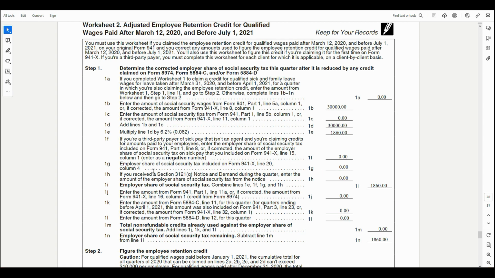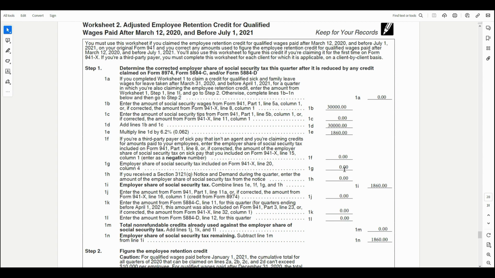These amounts here, if you're a third party, we're assuming that doesn't apply to us, so we have 0 here. So we go to this line, employer share of Social Security tax included on Form 941X, line 20. If we were adjusting the Social Security tax, then we would have the corrected amount there. These are essentially just for corrections also.